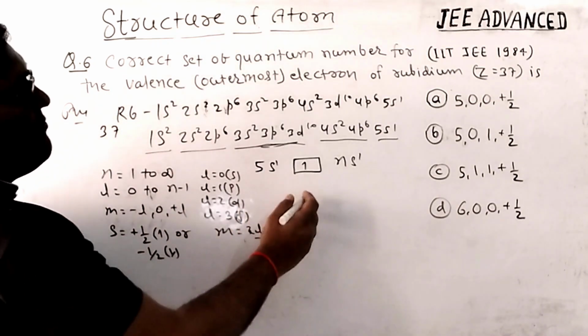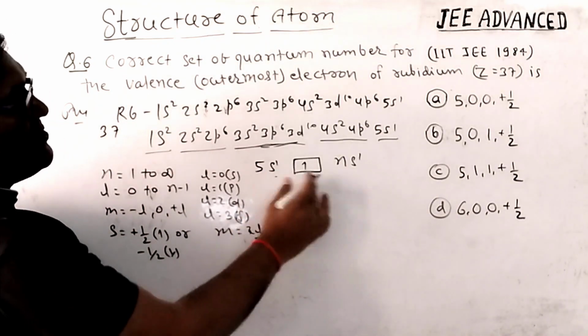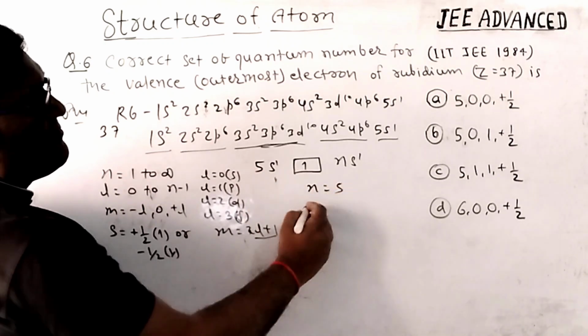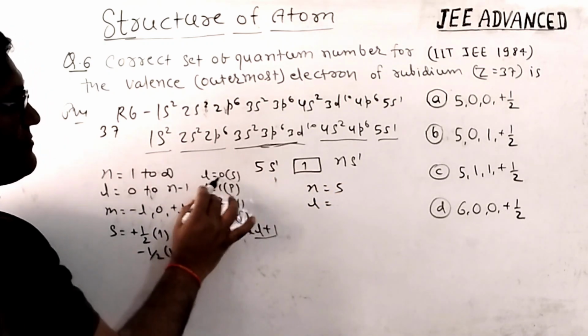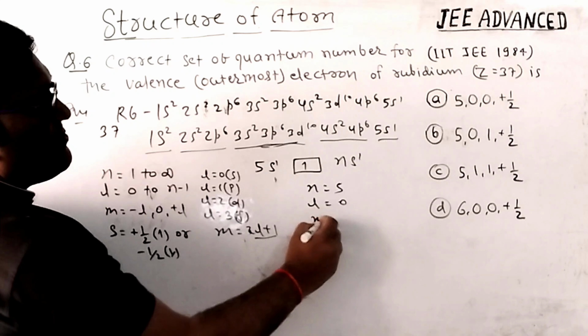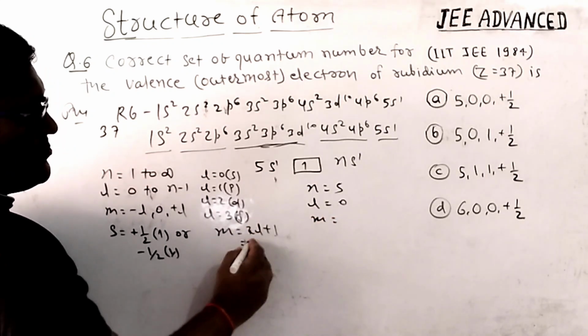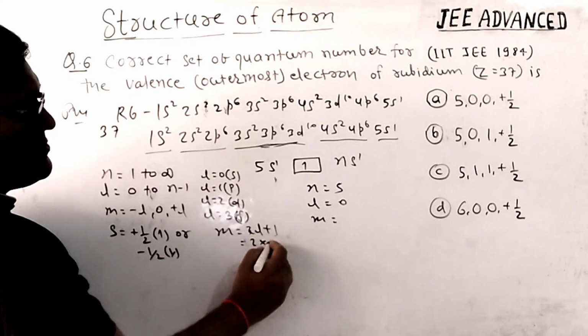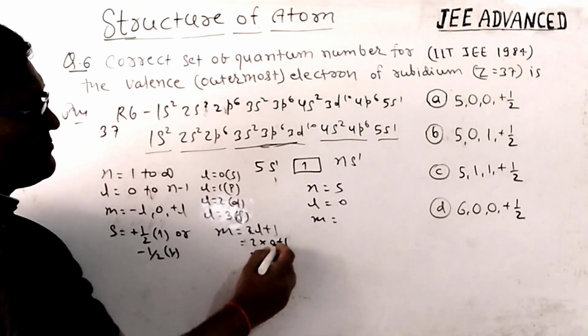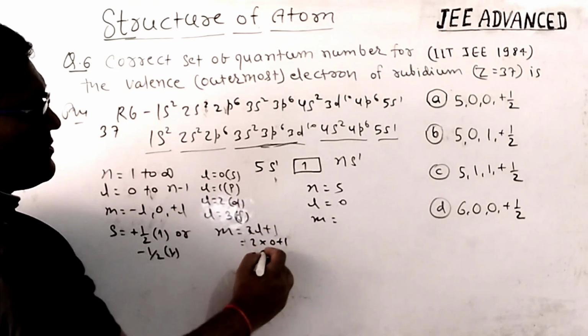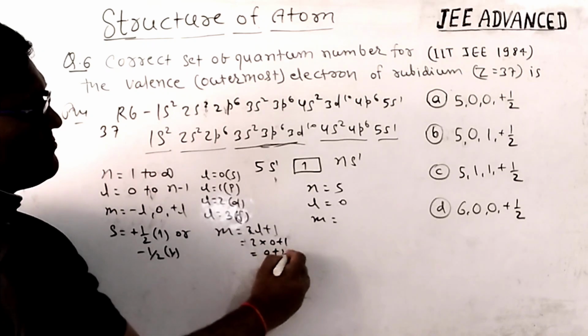Now we can find the set of quantum numbers, the 4 quantum numbers. Now n is equal to 5, l is equal to 0 for s, and the number of m values is 2l plus 1. So 2 into 0 plus 1 is equal to 1.